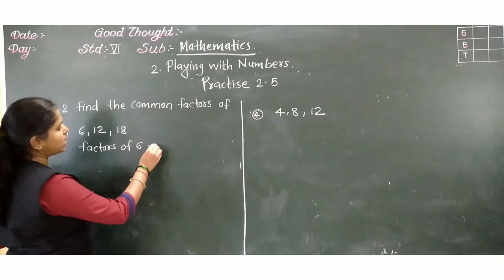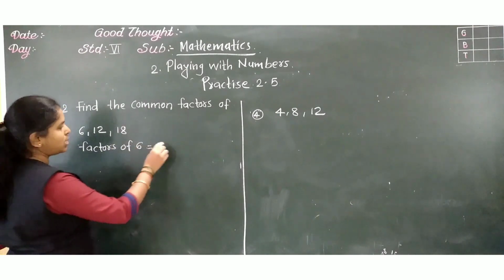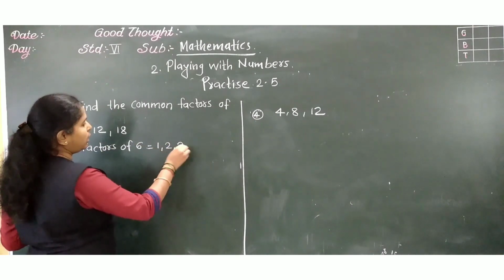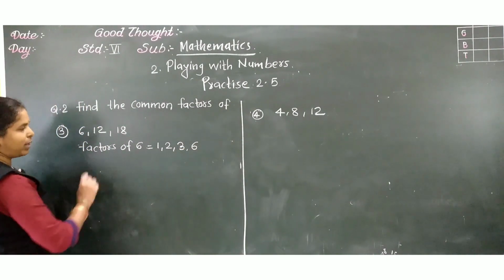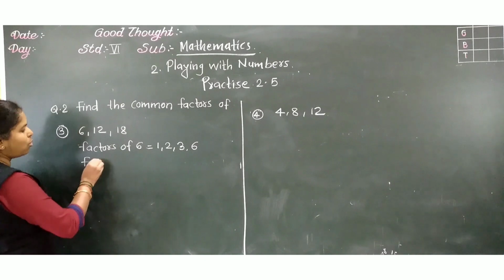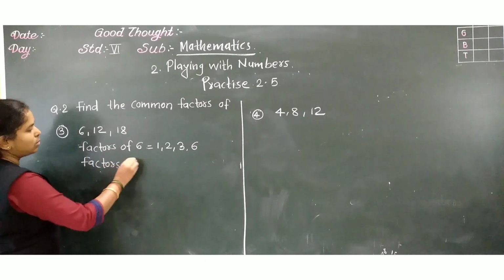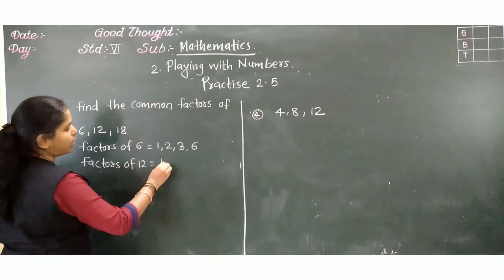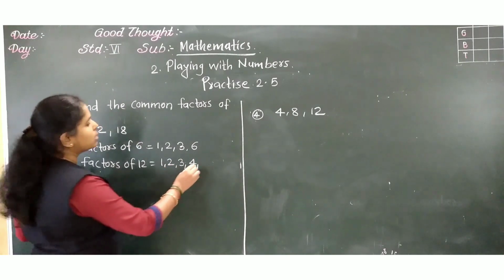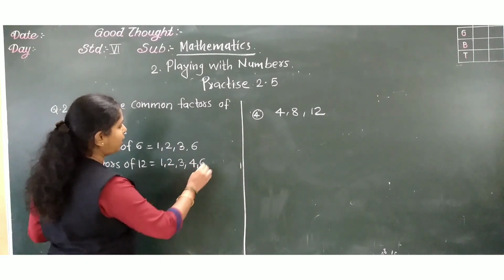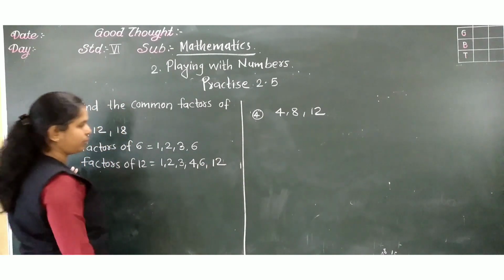So factors of 6, 1 means it comes in 1 table, 2, 3 and the number itself. Correct? These are the factors of 6. Now factors of 12. 1, 2, 3, 4, 6 and the number itself.